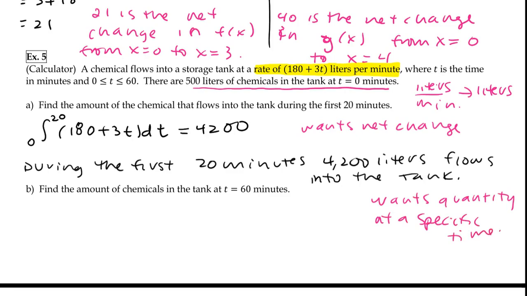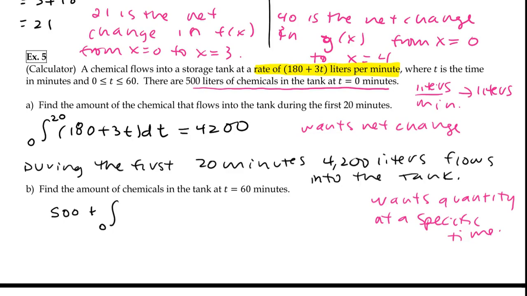Okay, so let's go ahead and do that. How are we going to find out how much is there at t equals 60? Well, we're going to say how much did we start with. They told us we had 500 liters to start with. So it's going to be 500 plus, well, what was 500? Wasn't 500 the value at time equals 0?